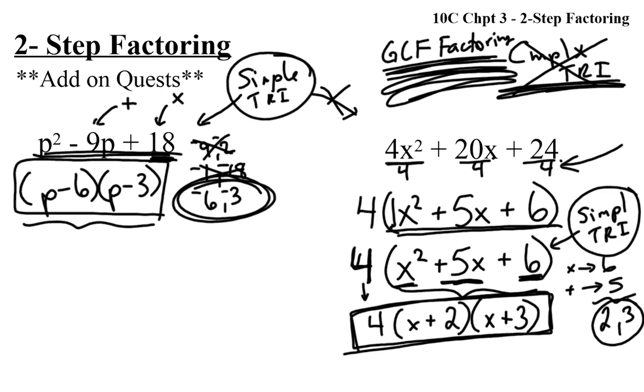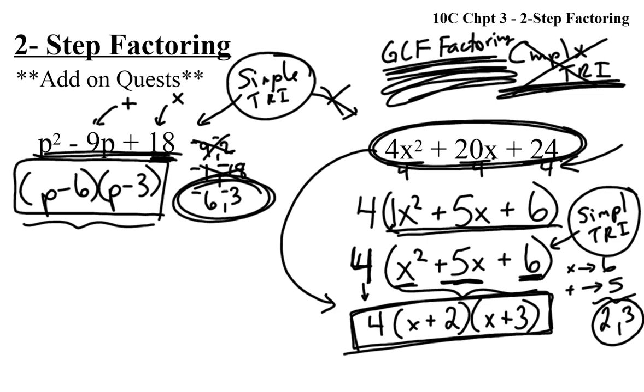How could I turn this into a multiplication question? It becomes 4 times x plus 2 times x plus 3, because we did a little fancy footwork and a little bit of two-step factoring. GCF first, simple trinomial second. Nothing new. It's just recognizing to always look for GCF factoring first.